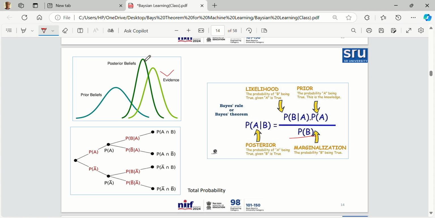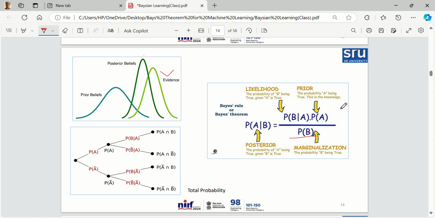Posterior belief is the highest probability, prior belief has the lowest probability, and evidence has a moderate probability between the posterior and prior beliefs. So you can see here the Bayes theorem: probability of A given B is the posterior, the probability of A being true given B is true, and the likelihood is the probability of B given A, the probability of B being true given A is true.